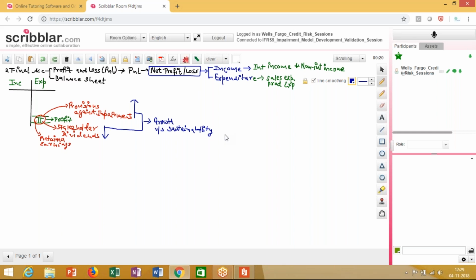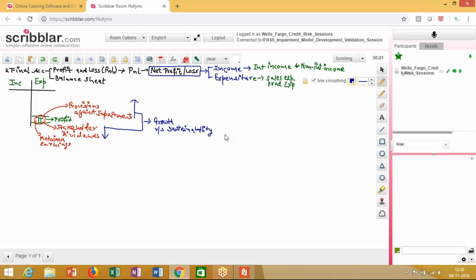So that is where the growth part comes in. On the other hand, if the suspected impairments actually turn out to be impaired accounts, then the sustainability of the bank is questioned.